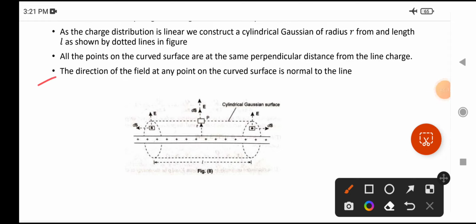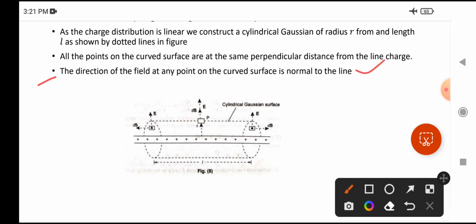The direction of the field at any point on the curved surface is normal to the line.